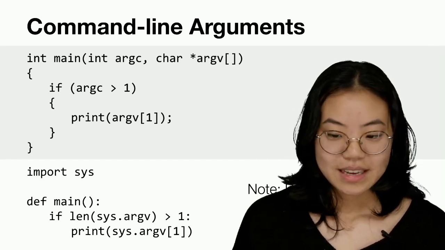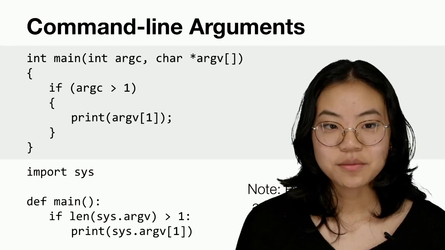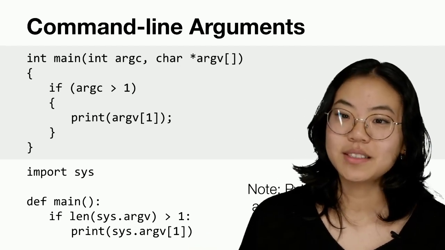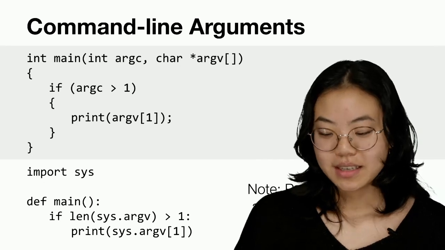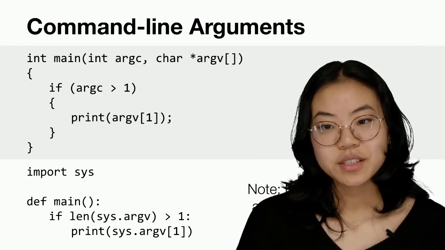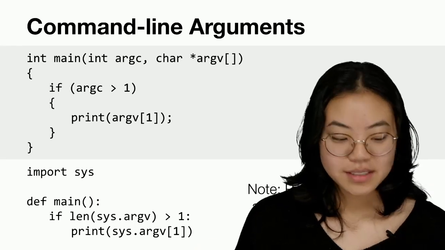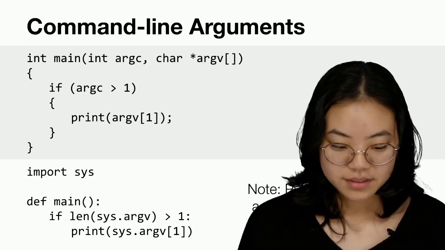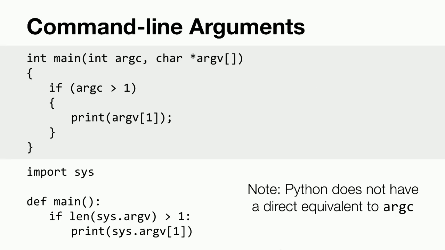Okay. And then we also had some functionality with command line arguments. In C, we were able to get some sort of input from the user at the command line, and we can still do that same thing with Python, but we are instead going to use this sys library that we're importing. As in C, we had argc and then char star argv.